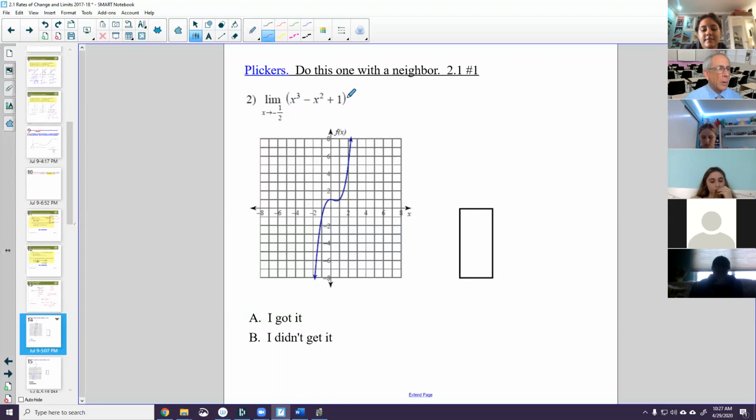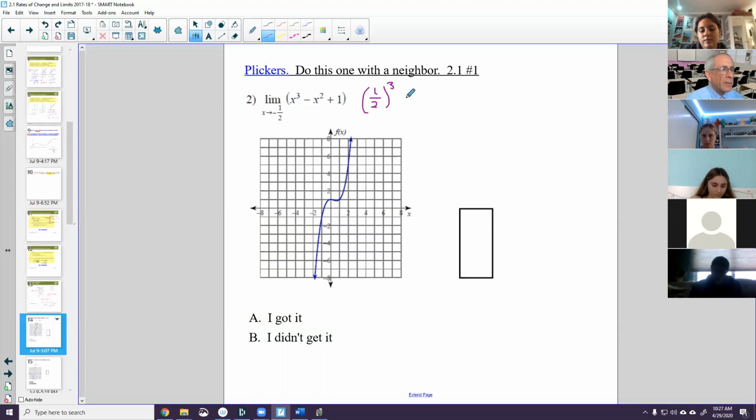I'm not sure. Okay. Maria, can you tell me how to set it up? I did limit, parentheses, and then 1/2 cubed minus 1/2 squared plus 1. I don't know if that's right. Well, you're very close, and I'll show you what you did wrong, which is probably not your fault.